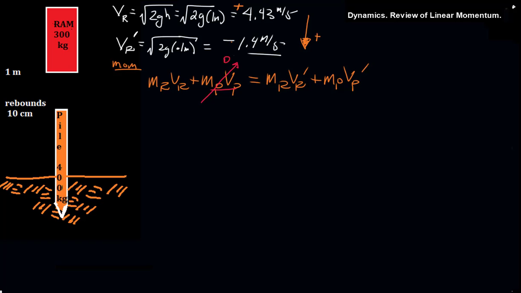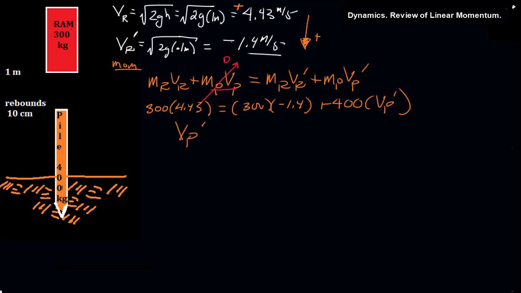So we have then 300 times 4.43 is equal to 300 times negative 1.4 plus 400 times the velocity of the pile after. And if we solve that, we get the velocity of the pile after is 4.4 meters per second into the ground, since it came out positive. So that tells us that conservation of momentum says that this will move at 4.4 meters per second.